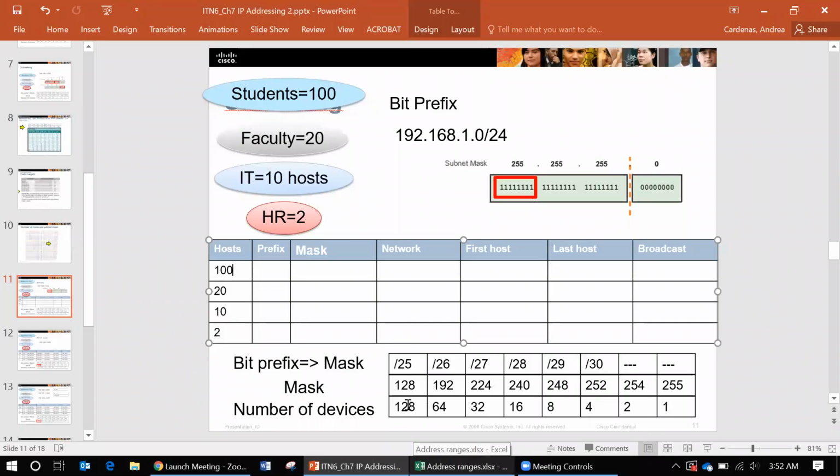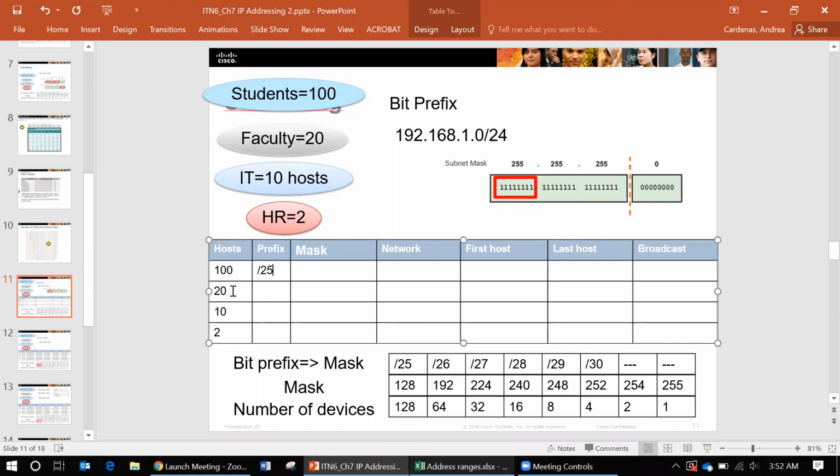So what we do is we put the bit prefix next to the hosts. Since a /25 gives you 128 hosts, you just put the bit prefix right next to it.